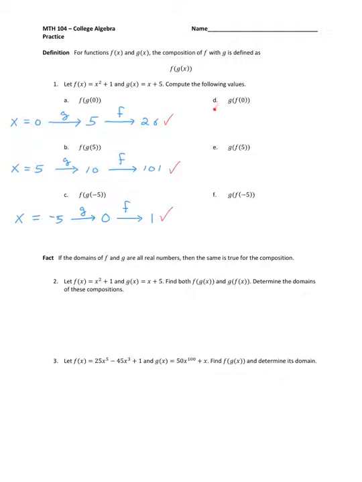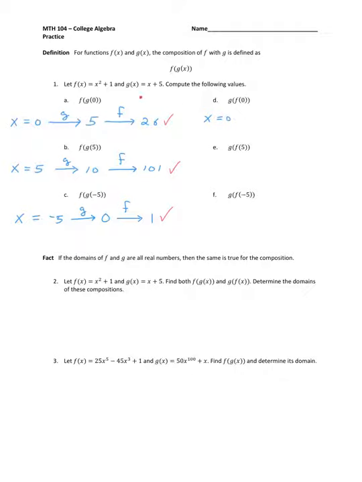So these were the answers for the first 3 problems. Now, if you look at D, E, and F, they're really similar in that we're using 0, 5, and -5, the same as the ones that are here. But the difference is this is g composed with f as opposed to f composed with g. So if you think about how this works, we start the same way with, okay, well, x is equal to 0.